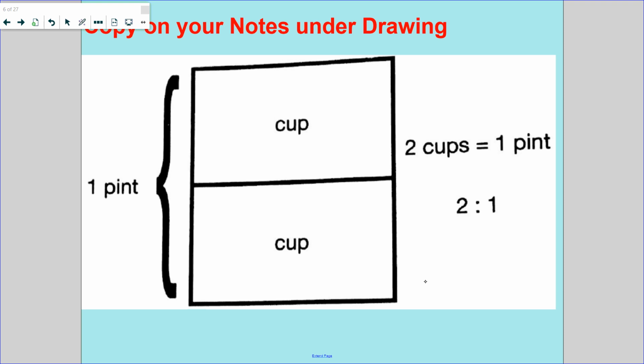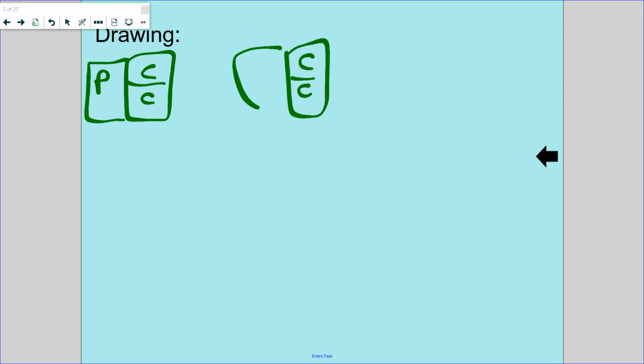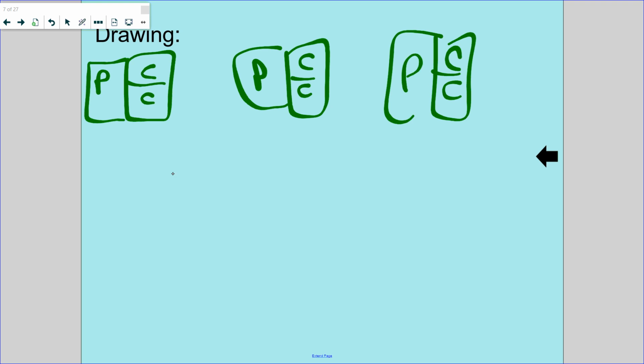Well, in here, you'll see that there are 2 cups, 1 cup, 1 cup. There are 2 cups for every pint. So let's draw it. We have 2 cups that make a pint. We have another 2 cups that make a pint. So right now we have 4 cups, 2 pints.